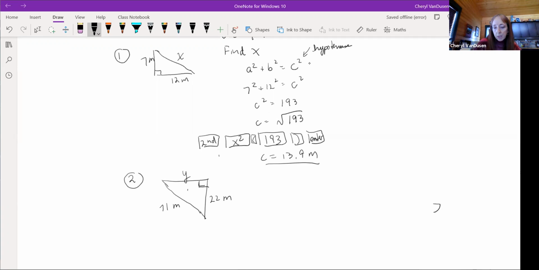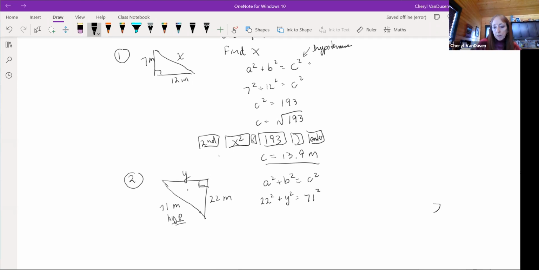So again, what I mentioned was really important is that we know which number is the hypotenuse; the other ones don't matter as much here. So this is our hypotenuse. Let's be careful. So a squared plus b squared equals c squared. Again, the a and the b don't matter. We're trying to find the missing one. So we'll go 22 squared plus y squared equals 71 squared.